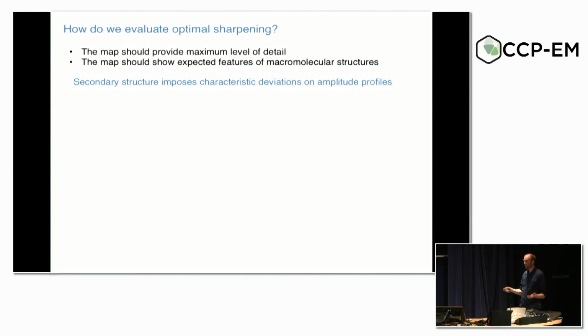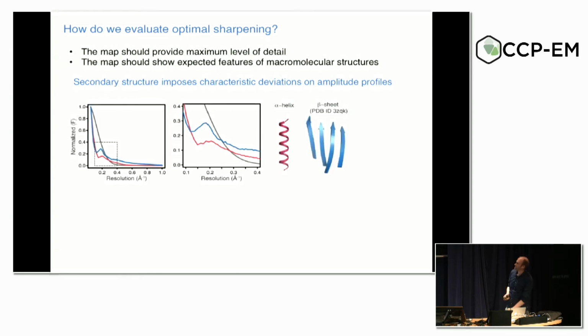So if you have a perfect Wilson distribution, you would have an exponential decay of your structure factors. But if you have secondary structure, that imposes, through its repetitive features, deviations on your amplitude profiles. So you basically see these characteristic peaks and troughs in your amplitude profiles, and they're characteristic for alpha helices and beta sheets.